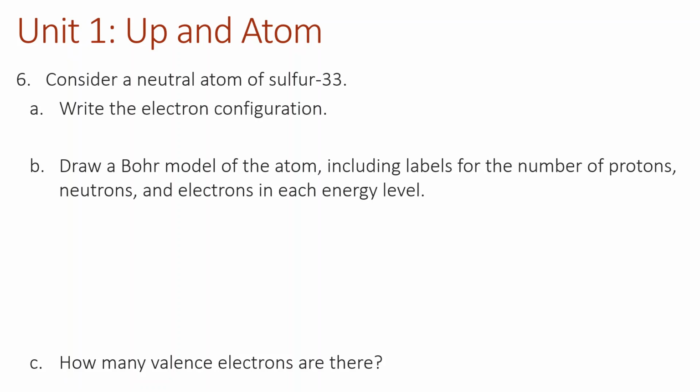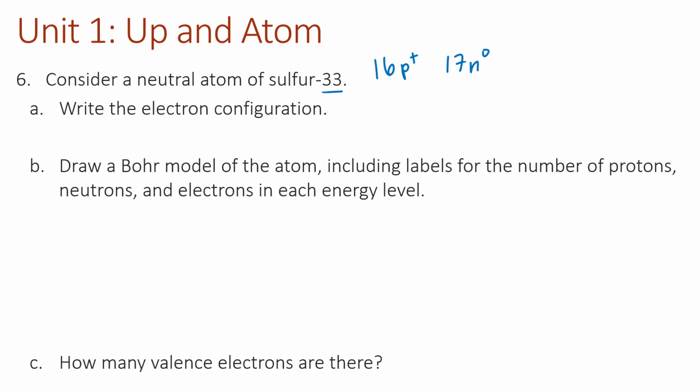So that's the sum of protons and neutrons here. So sulfur has 16 protons, which means that it must have 17 neutrons based on the mass number here. So this is a neutral atom of sulfur, which means it's going to have 16 electrons to match those 16 protons.